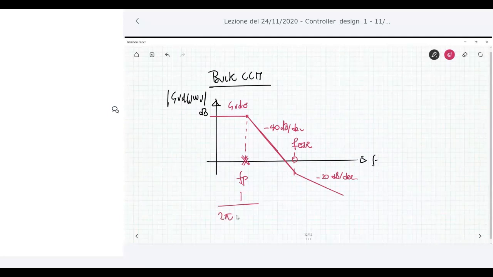FP, as I said before, is 1 over 2 pi square root of L C naught, and FESR is 1 over 2 pi ESR C naught. The gain is Vin.